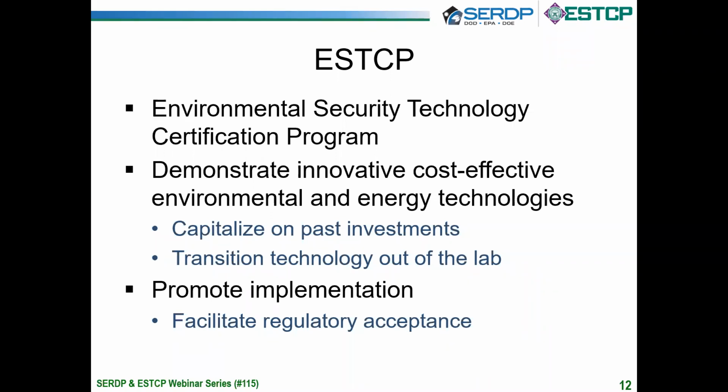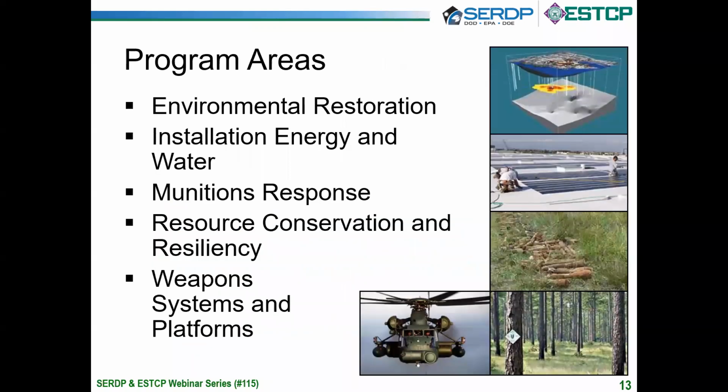SERDP and ESTCP are complementary programs, with much of SERDP research occurring at the lab and pilot scale with occasional field efforts, while ESTCP demonstrations are primarily at the pilot and field scale, while occasionally supported by lab efforts, at various facilities. There are 4 program areas in SERDP and 5 in ESTCP.